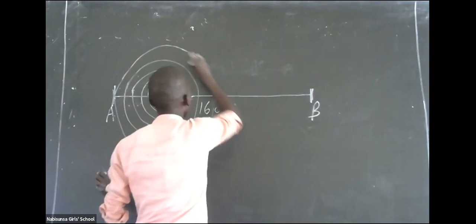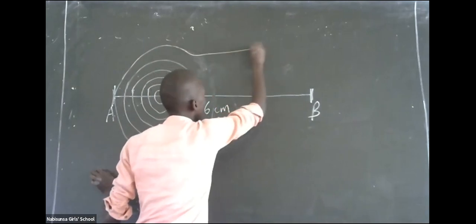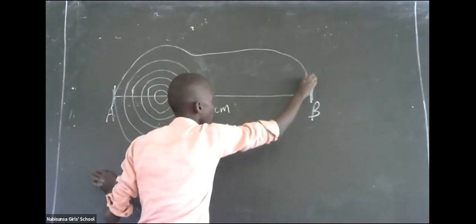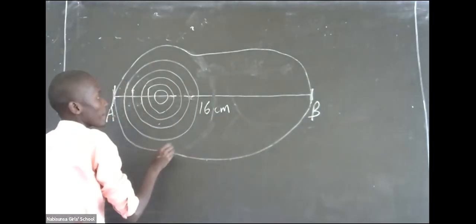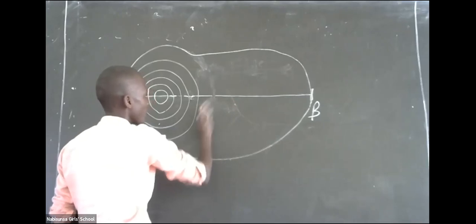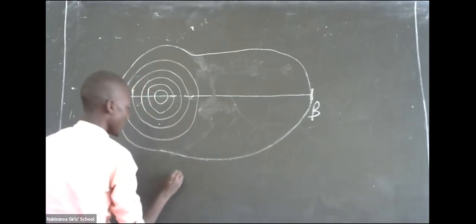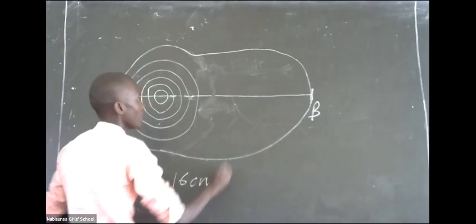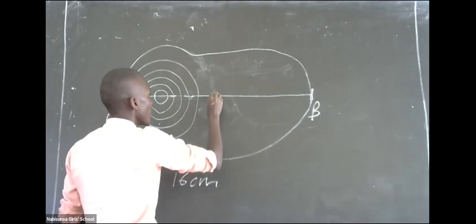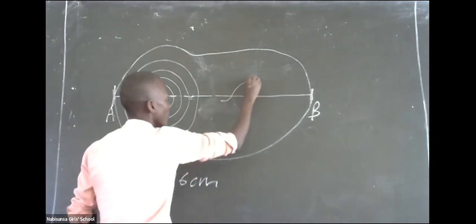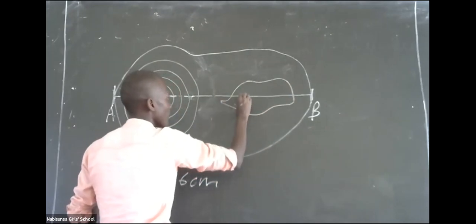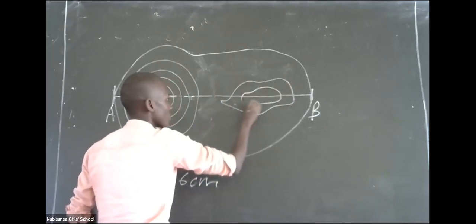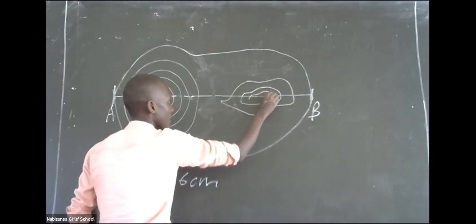Make it be like this. First wait, I complete. Even if I remove, I've said from here it is 16 centimeters. Then here we can draw something like this. Even this one like this. Even inside like this.